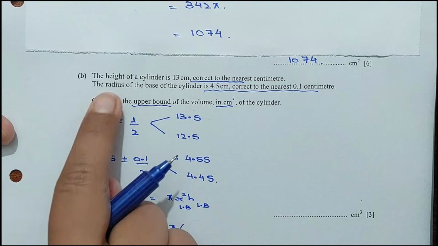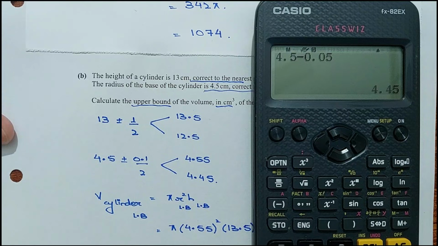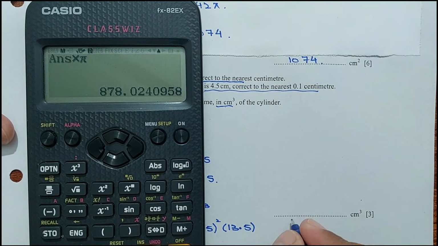The upper bound of the radius is 4.55, squared, and the height is 13.5. Okay, so 4.55 squared times 13.5 times pi. This is 878 centimeters cubed.